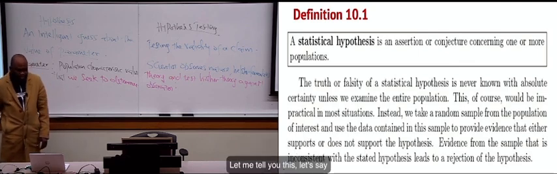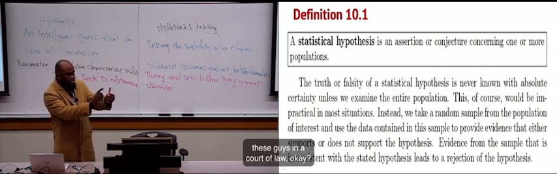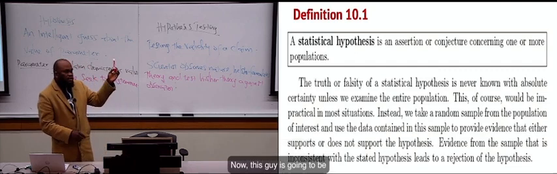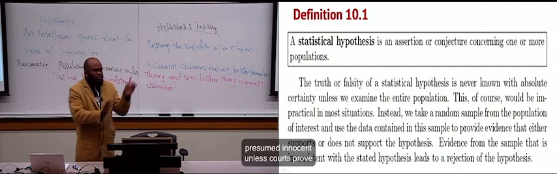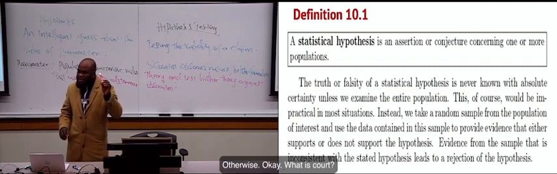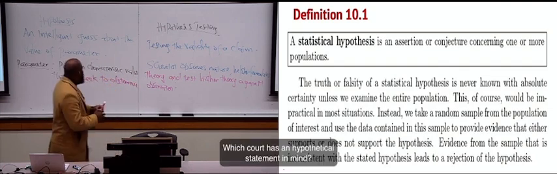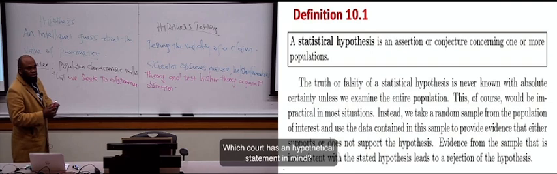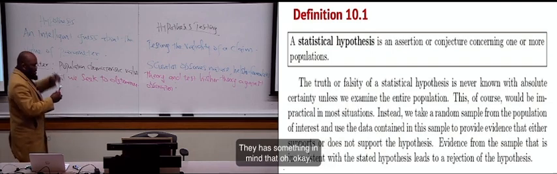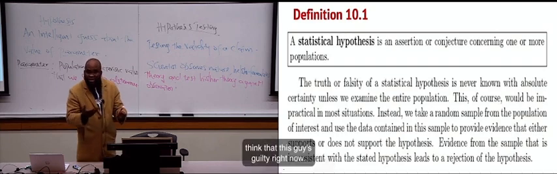Let me tell you this. Let's say this guy is accused in a court of law. Now, this guy is going to be presumed innocent unless the court proves otherwise, which means the court has a hypothetical statement in mind. Maybe the prosecutor actually thinks that this guy is guilty.